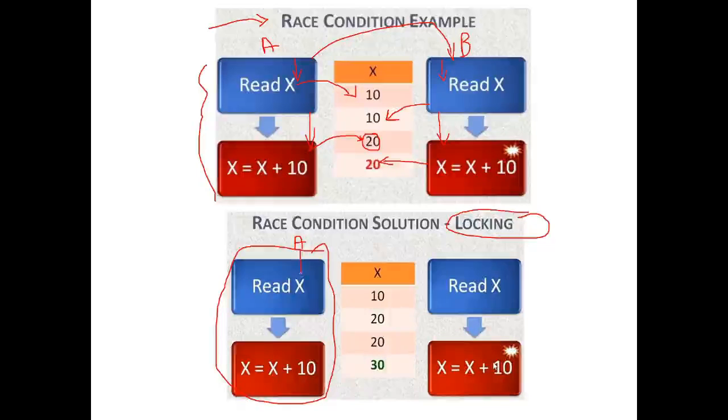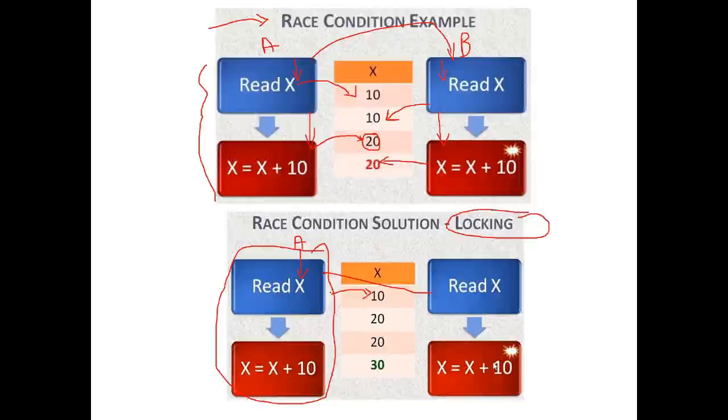When process A reads the value of x, that is 10, and in between process B interrupts and tries to read the value of x, it is already locked, so it cannot read it. When one process is accessing the variable and another process tries to access the same variable, it cannot, because it is locked.